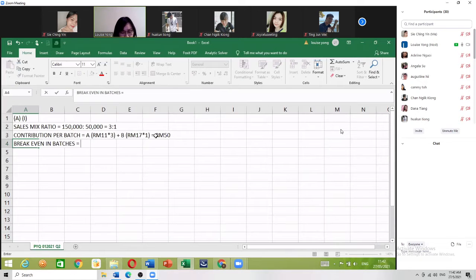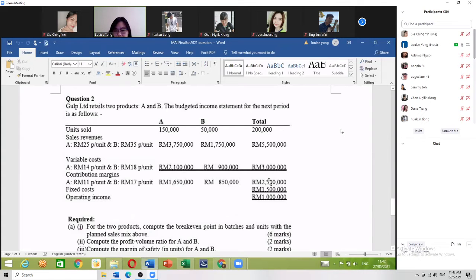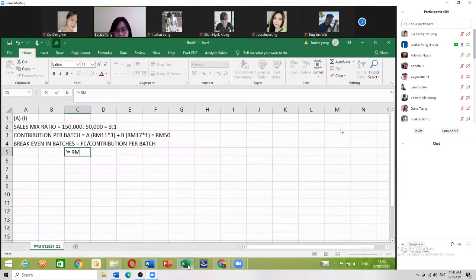So here use your fixed cost, divided by your contribution per batch. So what is your fixed cost here? 再看回去你的 fixed cost 1.5 million.